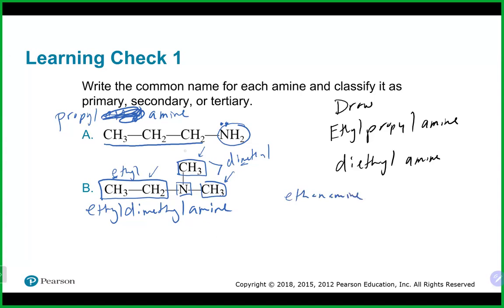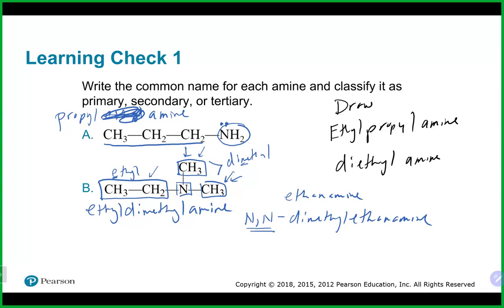Now, these groups that are attached are attached to the nitrogen and not to a carbon, so they won't actually get a number. They would actually be like N comma N, kind of like when you give 2 numbers. And this would be dimethyl ethane amine. That is another way that sometimes amines are named, and sometimes you will see these Ns pop up.